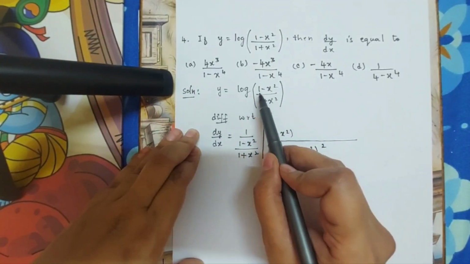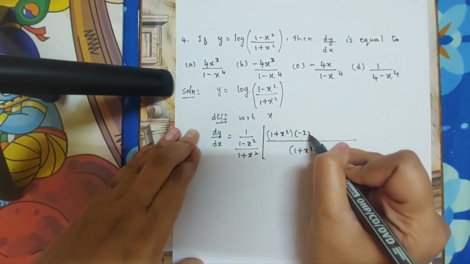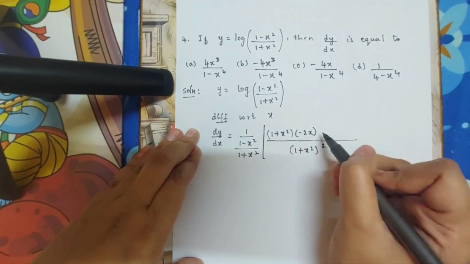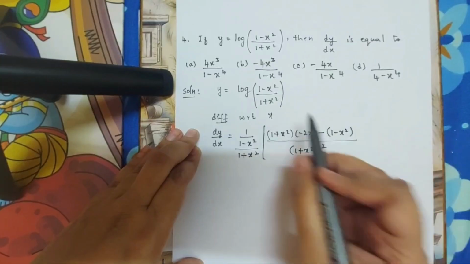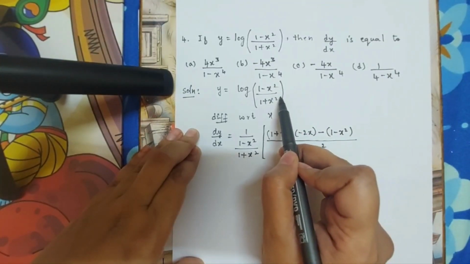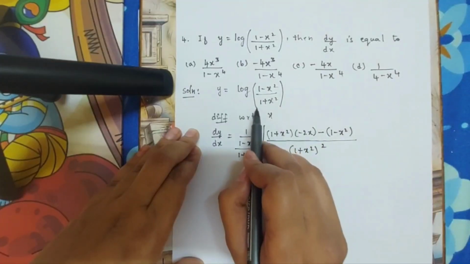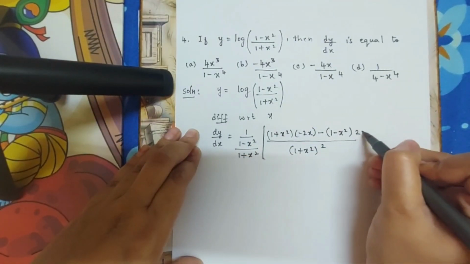If I differentiate 1 minus x square, I'll be getting 2x with the negative sign as it is, minus numerator, and we will be differentiating the denominator. That is, the differential of 1 is 0, differential of x square is 2x.